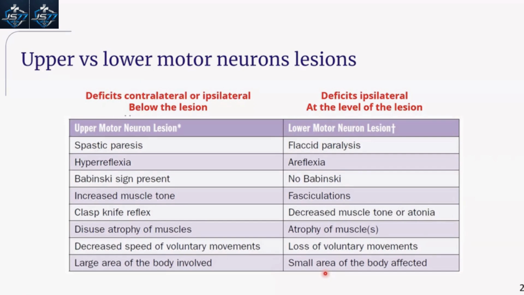That's something we see with upper motor neuron lesions specifically, and just decreased muscle tone for lower motor neurons. So clasp knife, like the knives that go in and out very quickly, those sudden movements in the hands, that's clasp knife reflex.